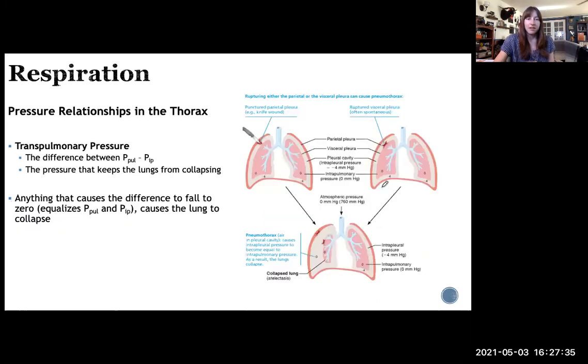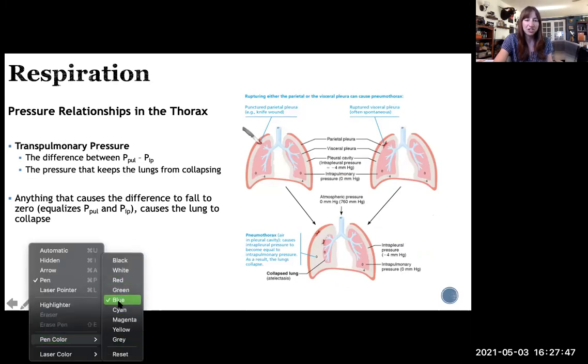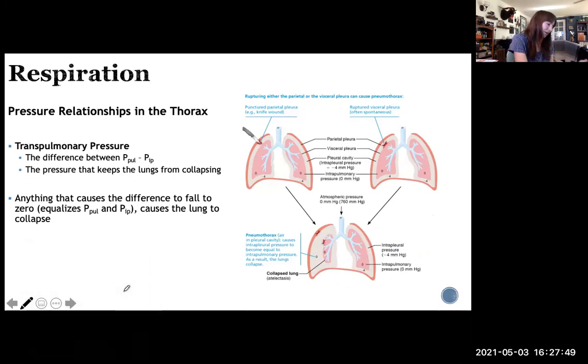We call the difference between the pulmonary pressure and the intrapleural pressure the transpulmonary pressure.